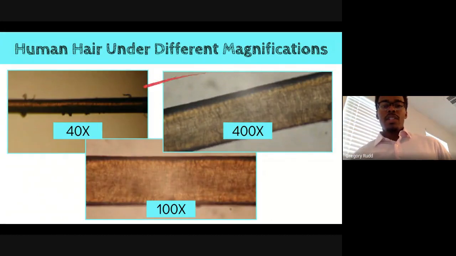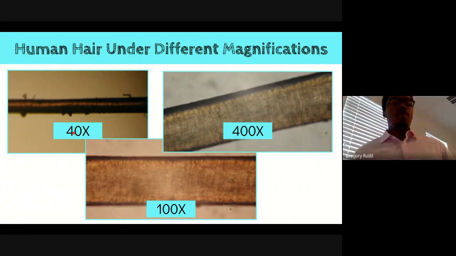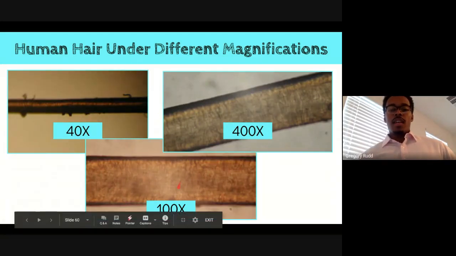So under an objective lens of 40x, the total power of magnification would be 400 times. So this is what a strand of hair would look like under a TPM of 400. And then this is what it would look like under a TPM of 1000. And here's 4000. So we can see some clear differences.